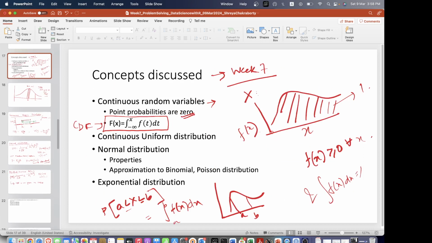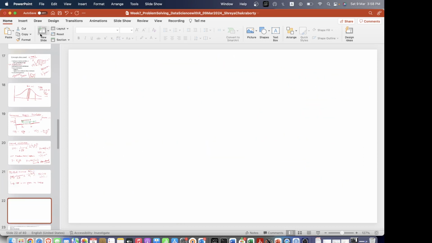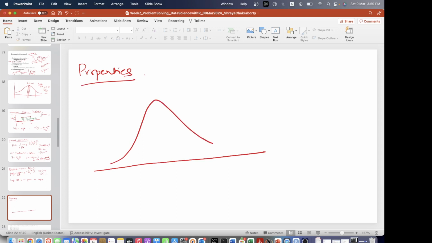Okay, what else did we learn about the properties of the normal distribution? So let's say we are talking about properties. Here we have two normal distributions. This one is a bell-shaped distribution, and we also have another bell-shaped distribution like this.